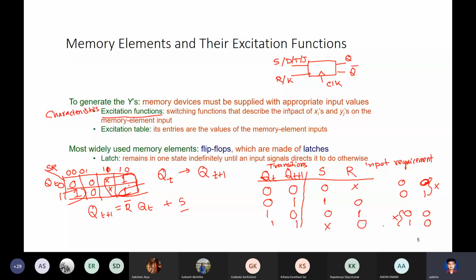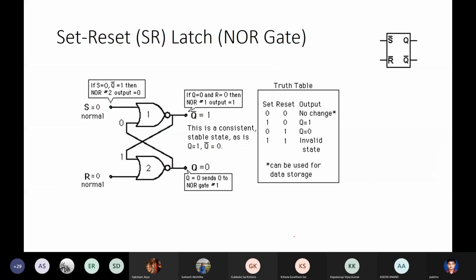These are equivalent actually. This I have written as an excitation function, and this I have written as an excitation table. So this is for the SR latch. You can similarly do it for other latches also. This we have already explained.